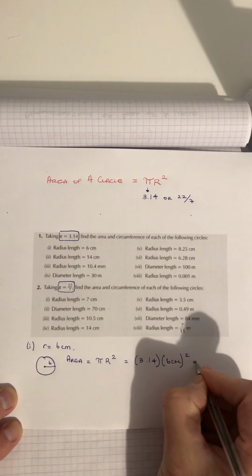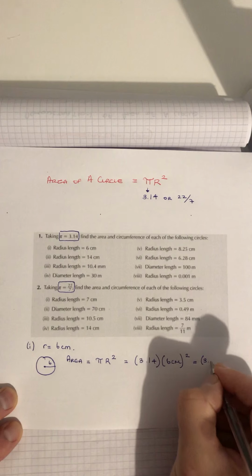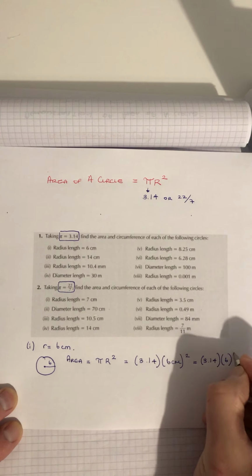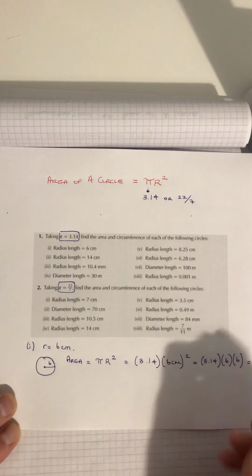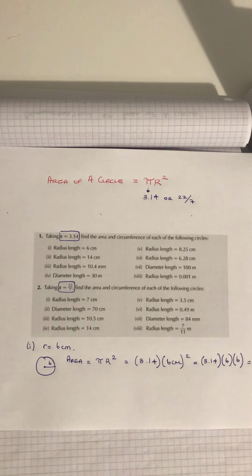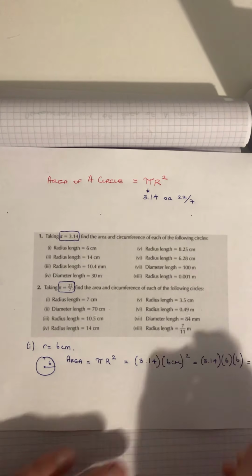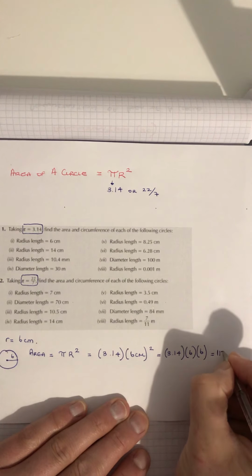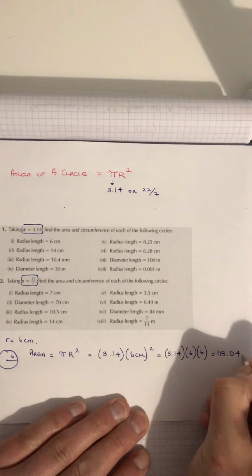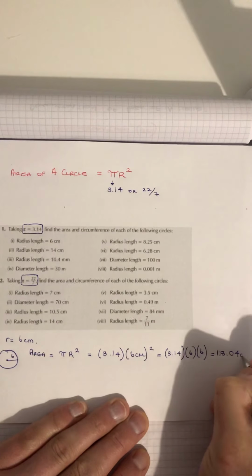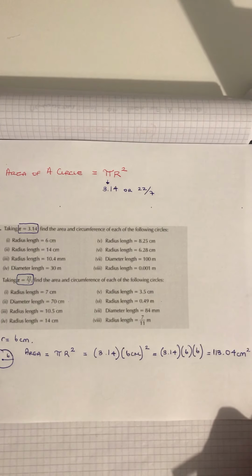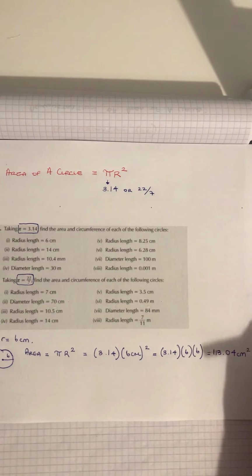So on your calculator, you'll type in 3.14 times 6, and 6 squared is 6 times 6. So 3.14 multiplied by 6 by 6 is equal to 113.04, and the units is centimeters squared.